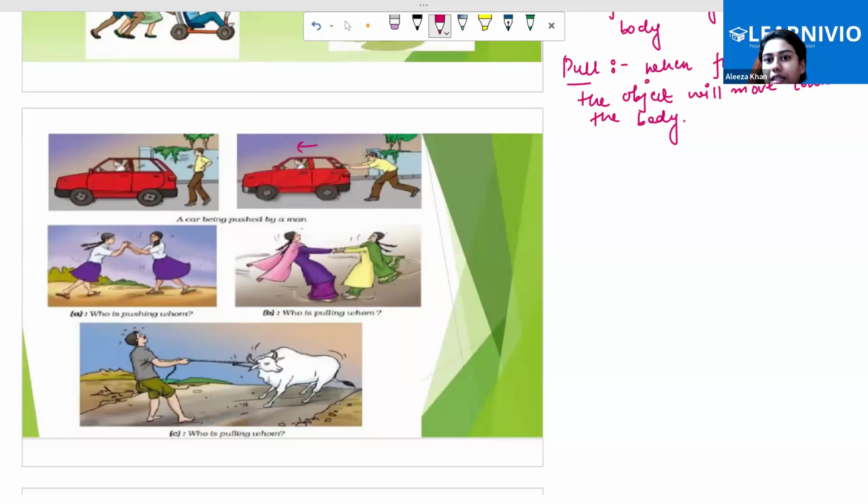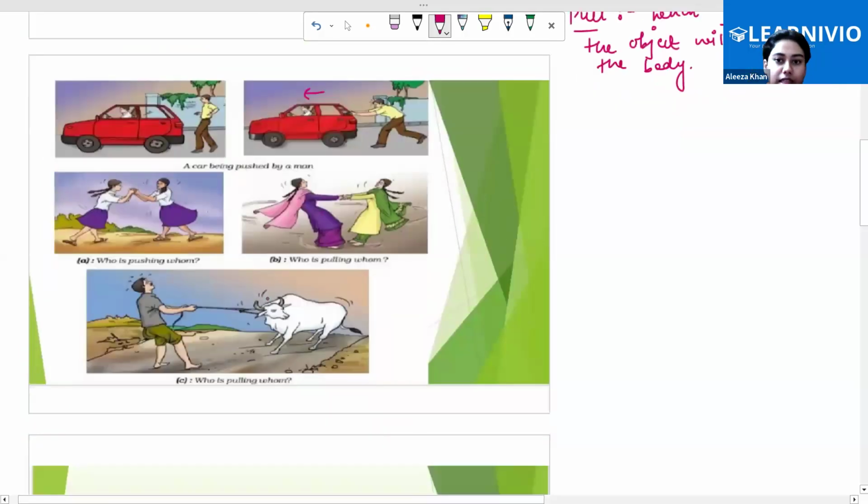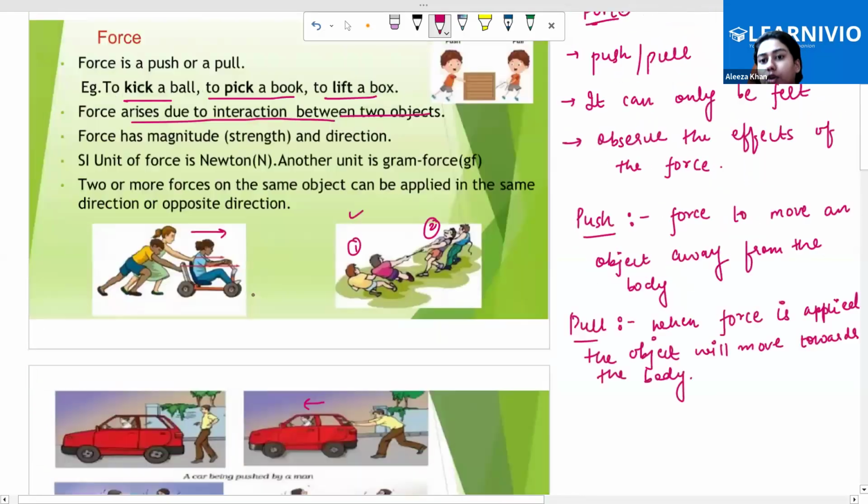Here, these girls are pulling each other, so two bodies are coming in contact, and that's why force is produced. Similarly here, he is able to apply force, but the bull is applying more force, that's why it is not dragging. It is due to the contact between two bodies.